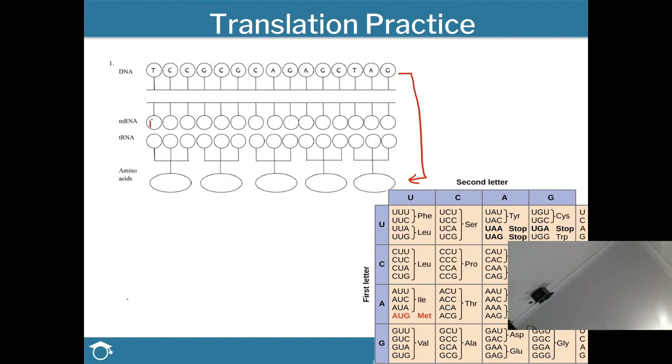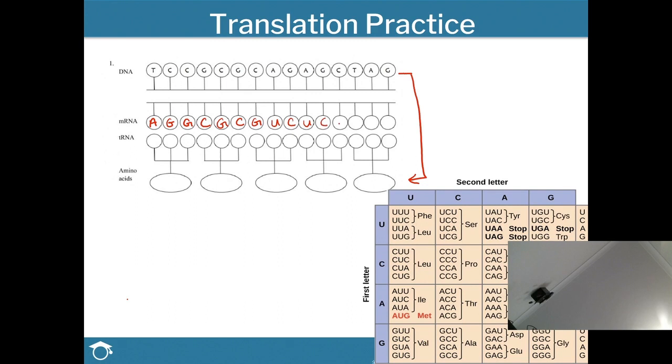So all of our T's turn into A's, C's turn into G's, G's turn into C's. So we've got C, G, C, G. A's will turn into U's, remember, for mRNA.